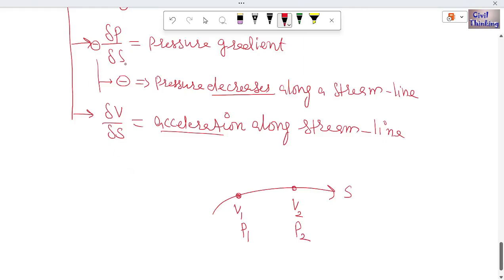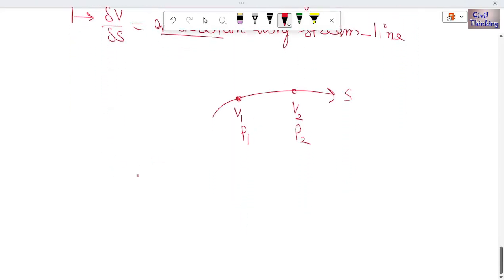Now delta P by delta S is the pressure gradient along streamline S. What if the streamline is along the x-axis?